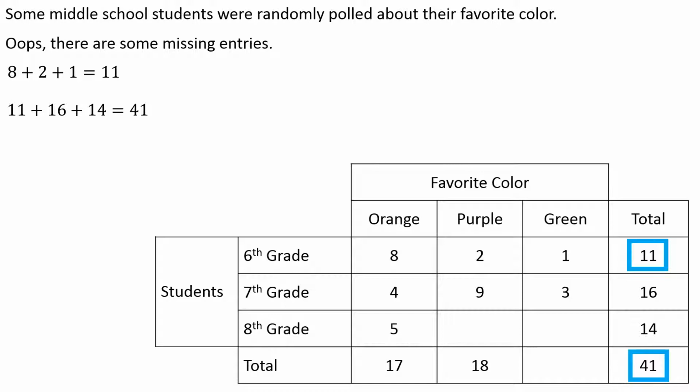I can now figure out the grand total for green, right? 17 plus 18 is 35. So 41, take away 35, has to be 6. Now I can figure out how many 8th graders picked green.